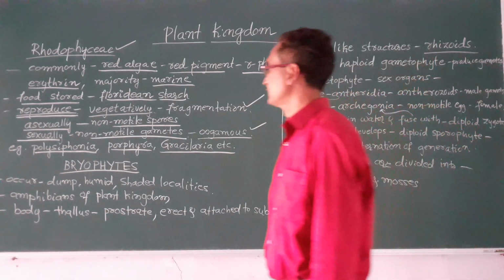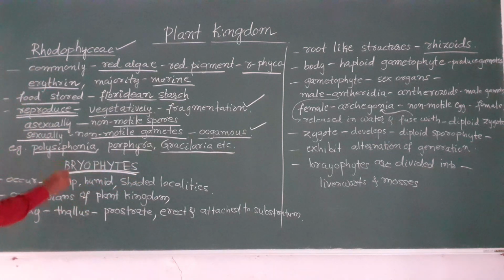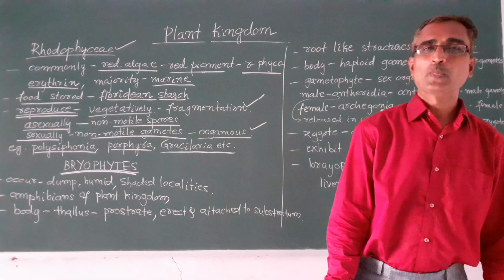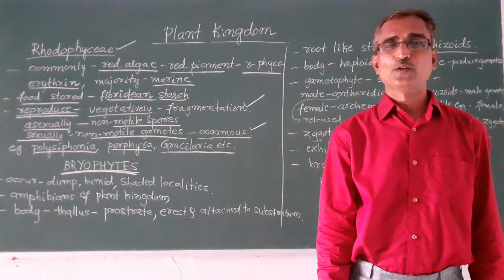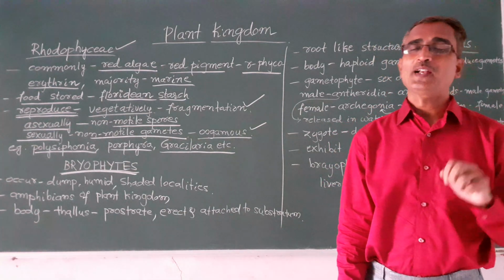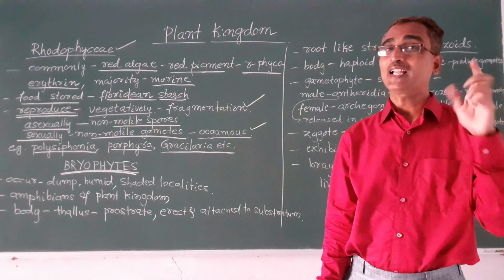The next one is Bryophytes. There are three divisions in the plant kingdom here: Thallophytes, Bryophytes, and Pteridophytes. In Thallophytes, we discussed the algae.